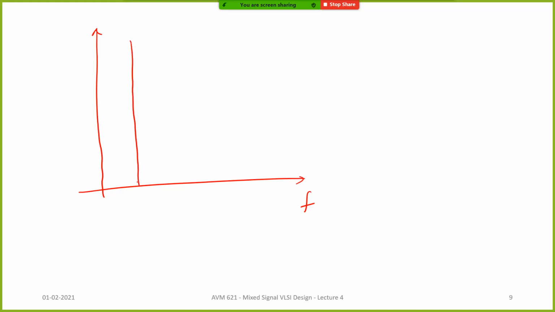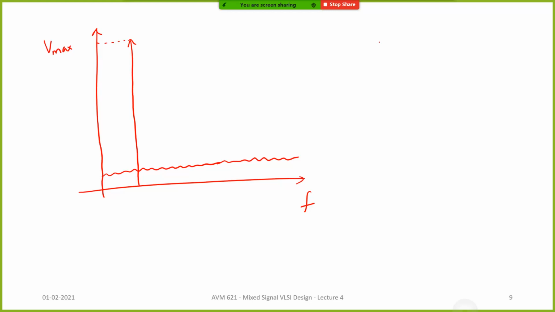This is your fundamental tone, and this is your max amplitude, V max. In the case of an A to D converter, this corresponds to the voltage that will give you the full code, all ones. And then you will also see some noise like this.